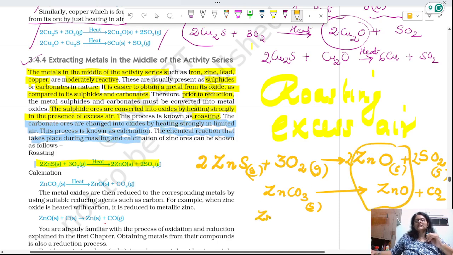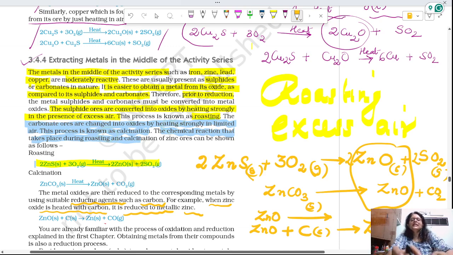We got zinc oxide. So metal oxides are then reduced to corresponding metals by using suitable reducing agents such as carbon. For example, zinc oxide is heated with carbon and reduced to metallic zinc. So ZnO plus C gives Zn, and carbon monoxide is the gas which is liberated.